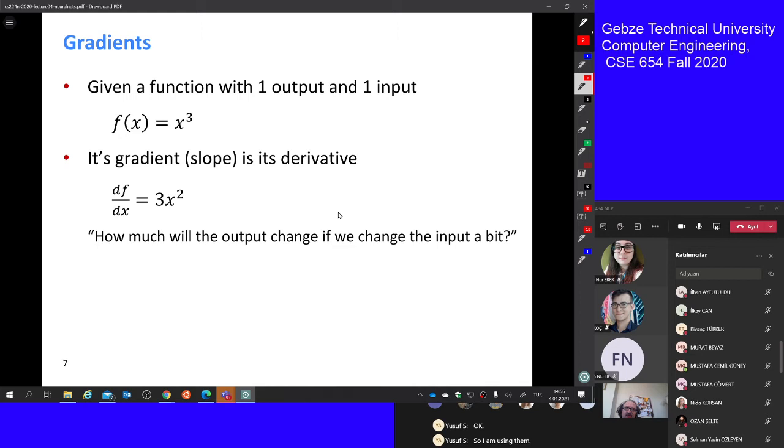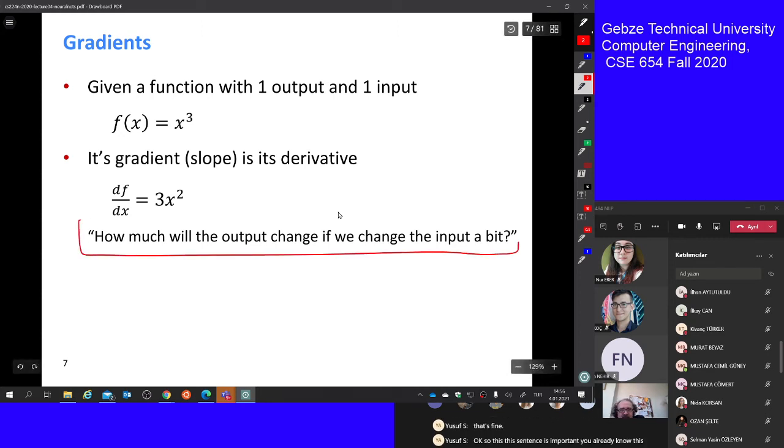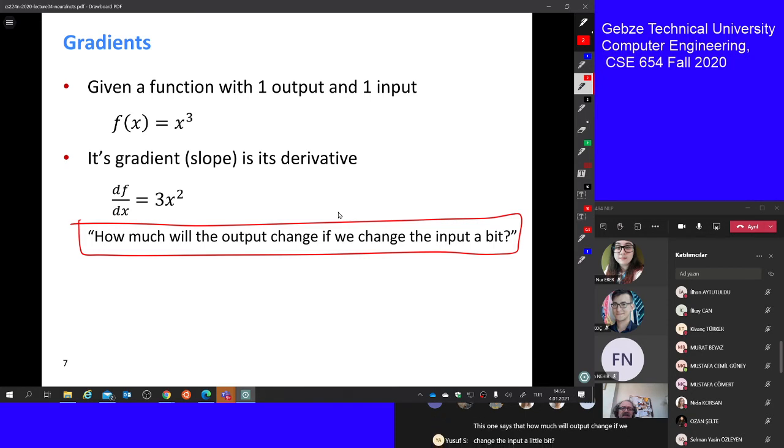He included these nice slides about how to take the derivative of a function. You know this, right? If f(x) is x cubed, the derivative of it with respect to x is 3x squared. This sentence is important. It says how much the output will change if we change the input a little bit. So if I change x just a little bit, the rate of change of f(x) is 3x squared.